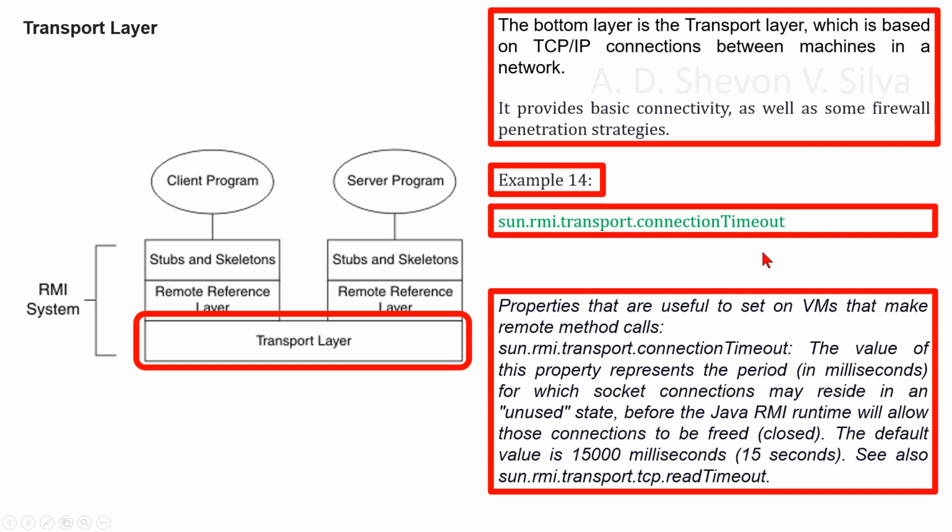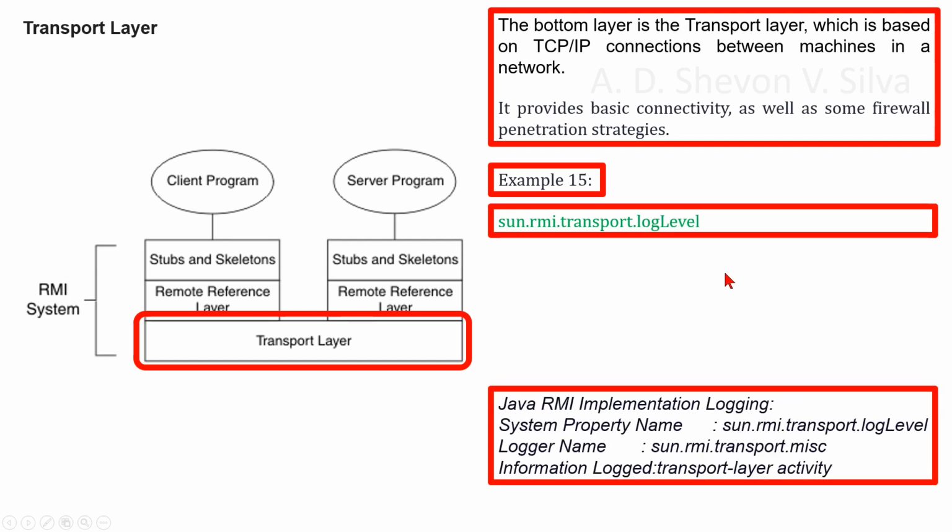Now we are considering properties that are useful to set on VMs that make remote method calls. sun.rmi.transport.connectionTimeout. The value of this property represents the period in milliseconds for which the socket connection may reside in an unused state before the Java RMI runtime will allow those connections to be freed, closed. The default value is 15,000 milliseconds, 15 seconds.